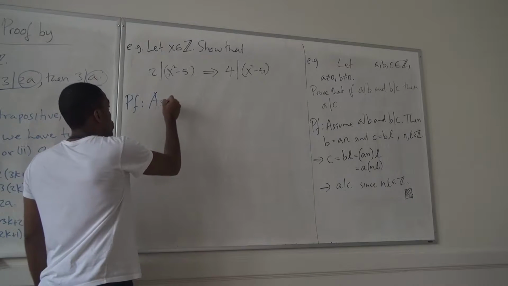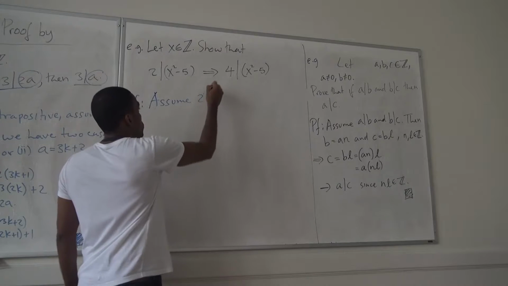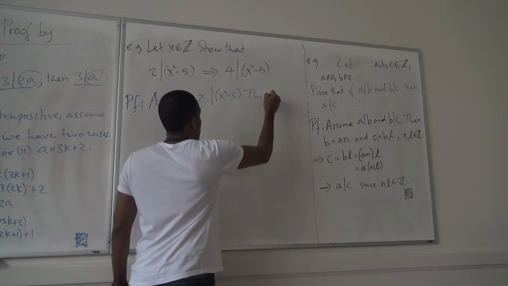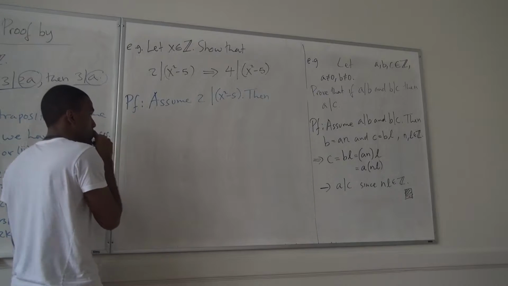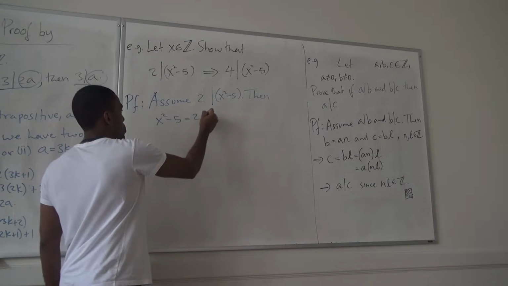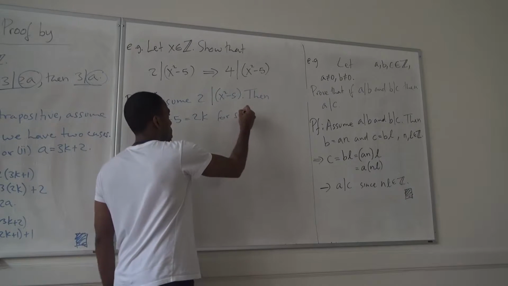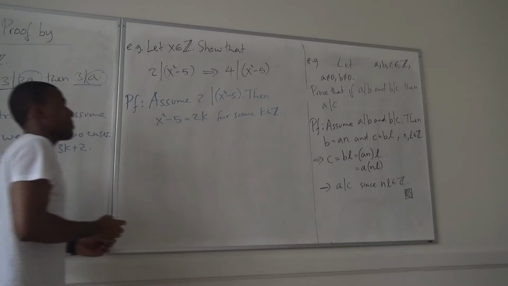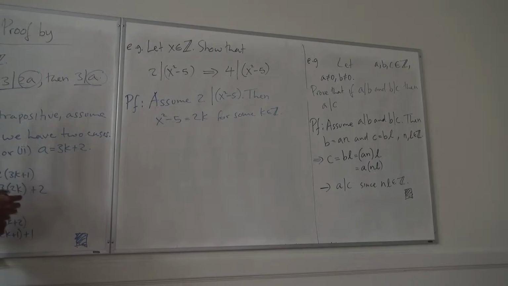So assume 2 divides x squared minus 5, then what does that mean? x squared minus 5 is equal to 2k for some k. Okay, what do we do now?